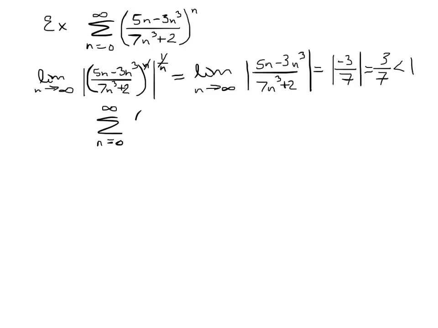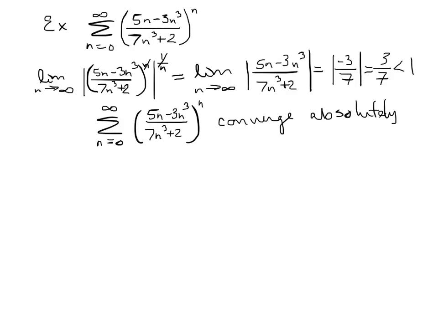The sum from n equals 0 to infinity of (5n minus 3n cubed) all over (7n cubed plus 2) to the n is going to converge. And not only does it converge, but it converges absolutely, if that was the question. It converges absolutely, and we used the root test.